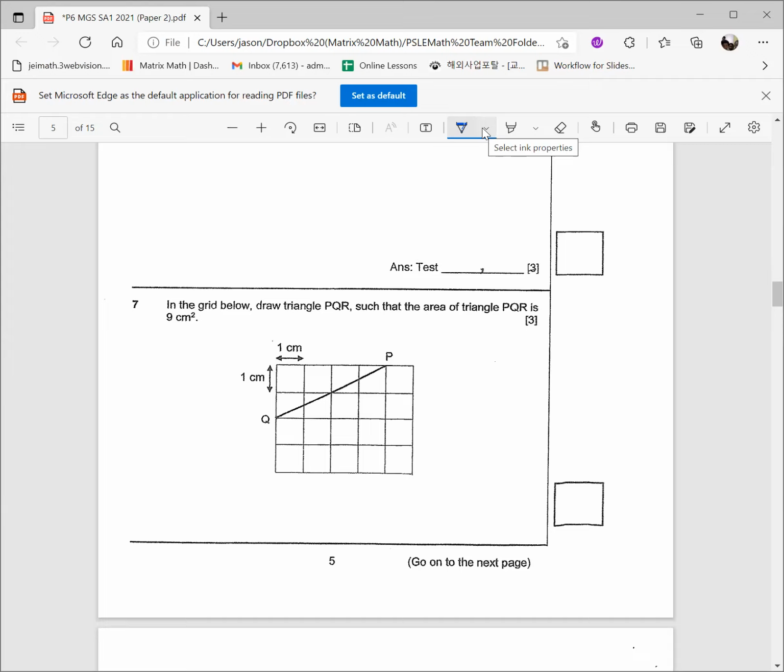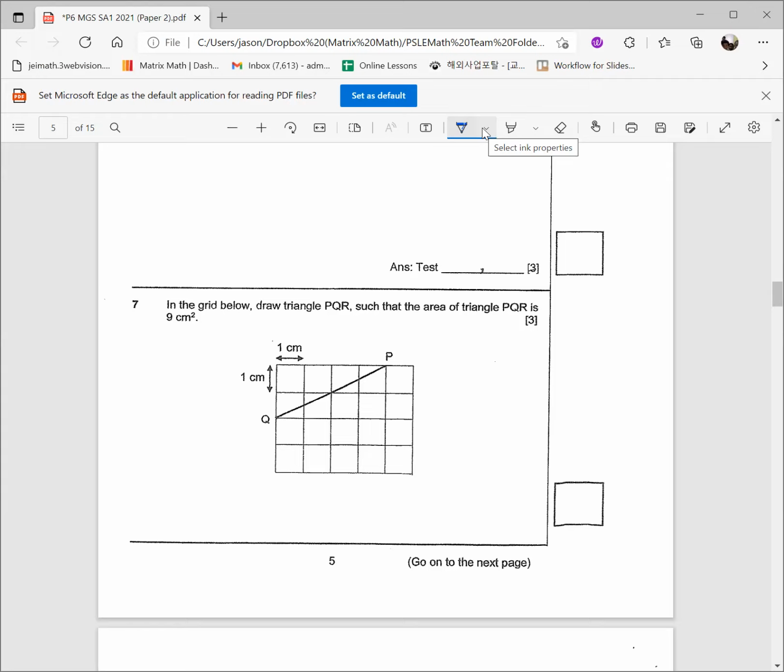So the problem with this is that if your approach is to find a base and the height of this triangle PQR such that when you multiply the base and height and then times half, you will get 9, it's going to take a long time or almost impossible to find.